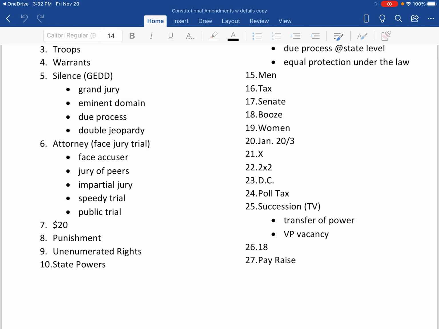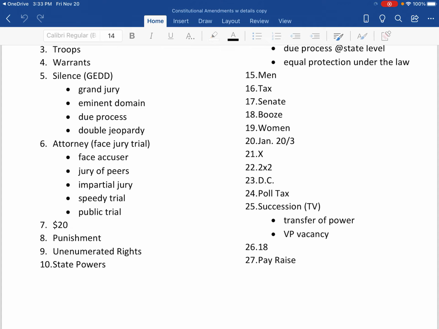Succession, this is a big one. So succession happened because, and so think of TV, transfer of power, and VP vacancy. Succession happened because we realized there was a problem after JFK was assassinated. John F. Kennedy was assassinated, and we had to figure out how transfer of power would happen.